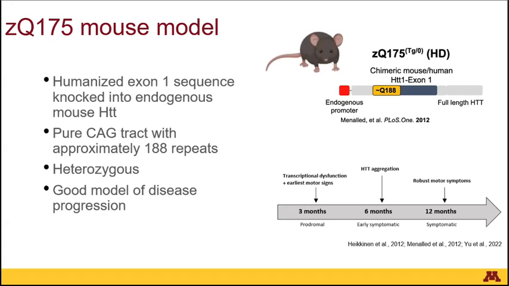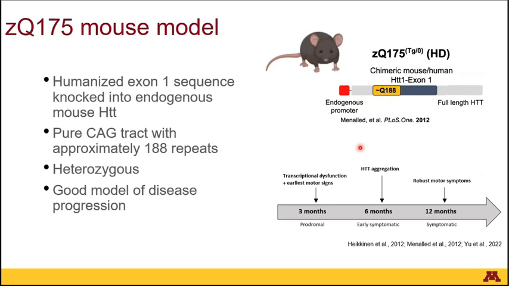Before I show you some data, I wanted to quickly explain the HD mouse model that we use. There are a couple out there, and I will talk about those later in the presentation. But in our lab, we utilize the heterozygous ZQ175 knock-in HD mouse model. This mouse model contains a chimeric mouse-human exon 1 that carries an expansion of approximately 188 CAG repeats.